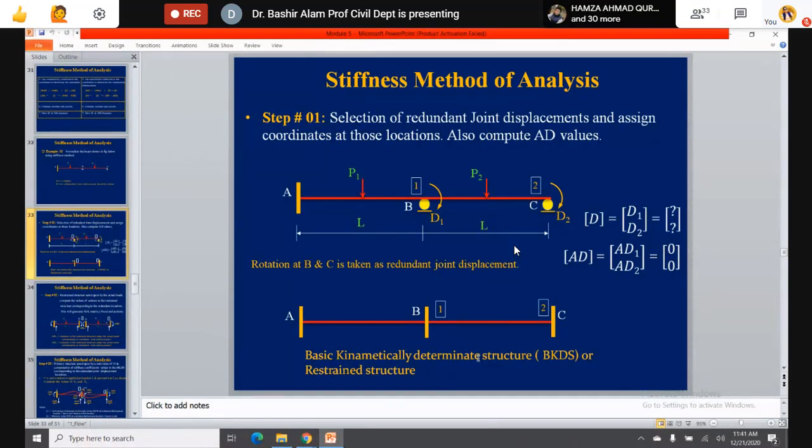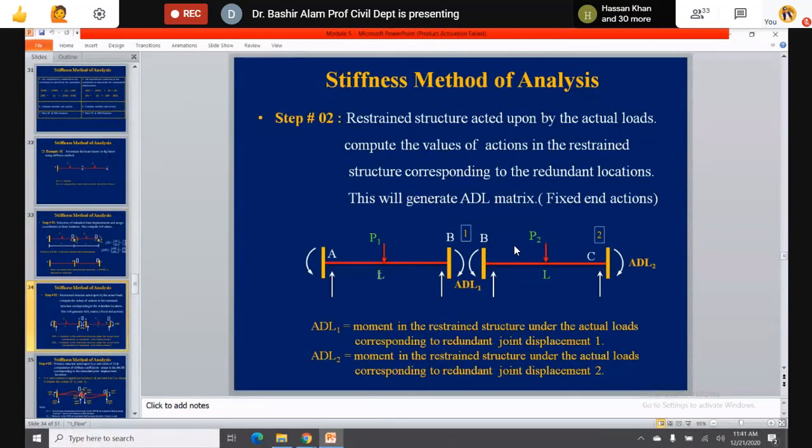Now, step number 2, we will be calculating the ADL matrix. In the ADL matrix, this restraint structure should be loaded with this P1 and P2, which are the actually applied loads. So here you see the restraint structure acted upon by the actual loads. Compute the values of actions in the restraint structure corresponding to the redundant locations.